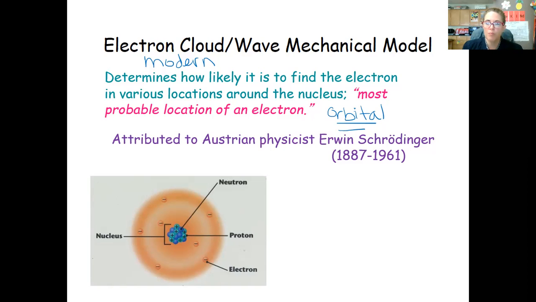And so now our most probable location is the orbital, and it's not in orbit. So they are not in orbit, not like a planet. So not planet-like. It's more swarming cloud-like, right? Clouds don't follow a predictable path. I mean, well, somewhat predictable, but they're not like a planet. And so then that is our electron wave mechanical model.